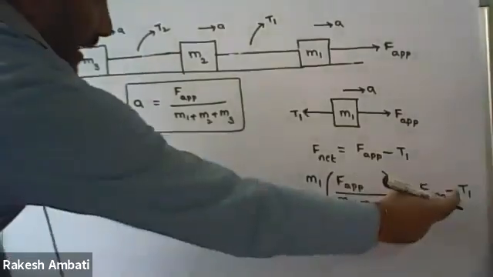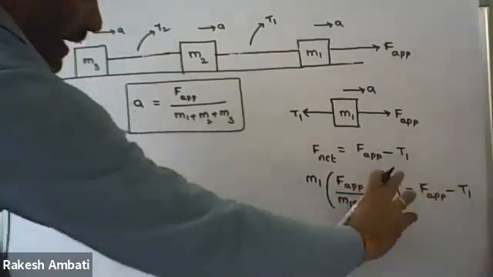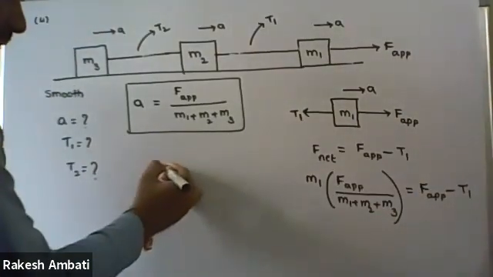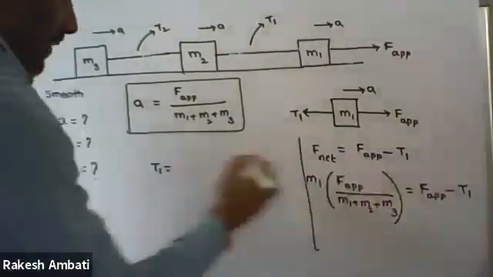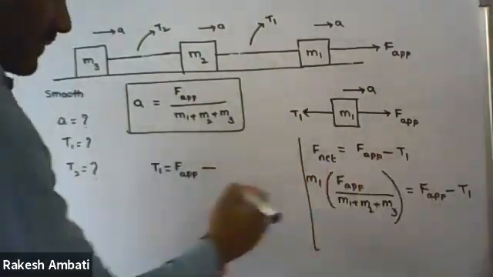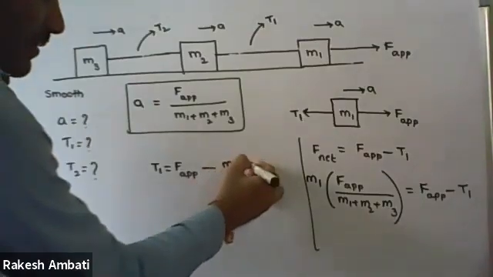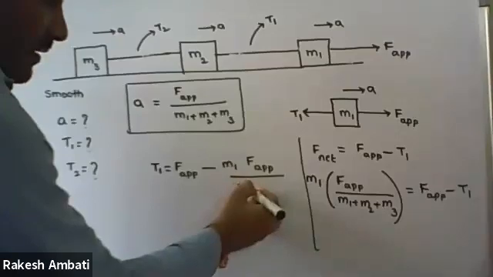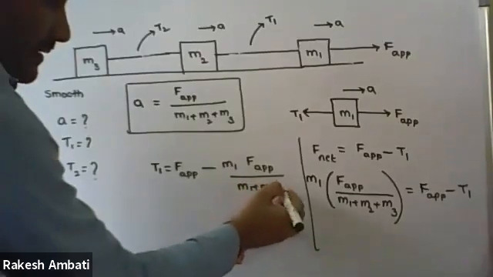Now we have to find T1. To find T1, let us modify this equation. From this equation, I'm writing T1 equals F applied minus M1 into F applied upon M1 plus M2 plus M3.